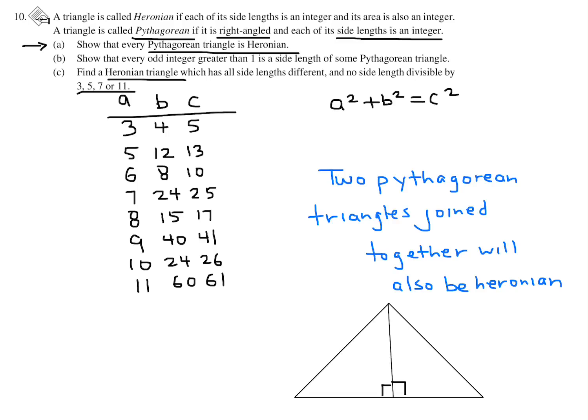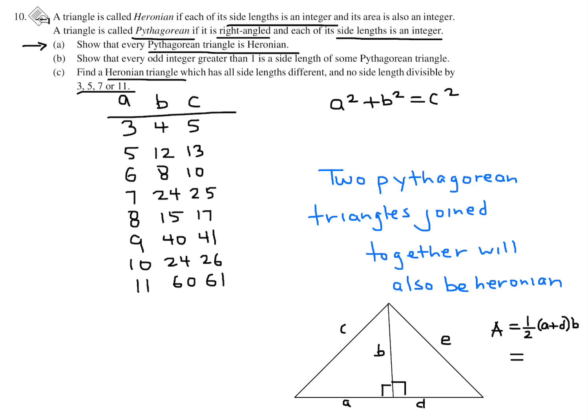Now look at it as a whole, the entire triangle. The entire triangle will also have integer side lengths. And since you have A, let's say B, C, and then some other numbers D and E, and A and B are integers, if you figure out the area of this, which will be basically 1/2 base, which is A plus D, times height, which is B, this will equal an integer.